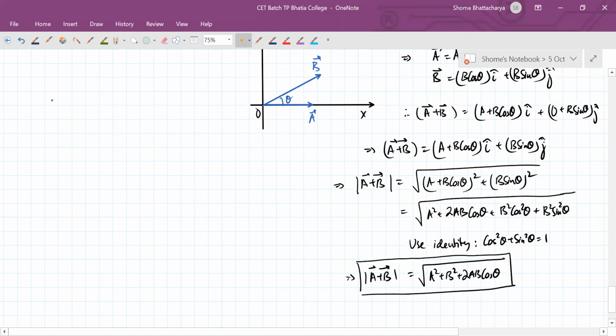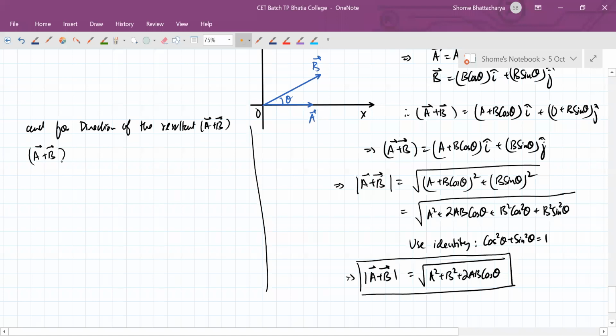And the second thing you can see, for the direction of the resultant a plus b, is that the resultant a plus b is again having some x component plus some y component.